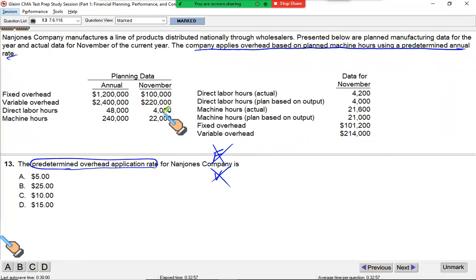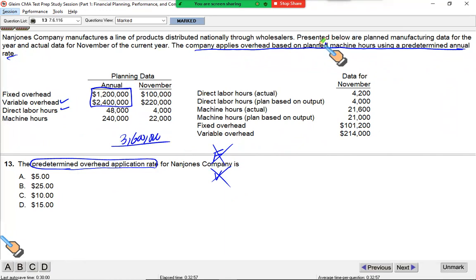So what we do, we estimate what is going to be our annual cost of variable overheads and the fixed overheads. So you can see that the annual cost for the coming period is expected to be 1.2 million plus 2.4, 3.6 million. This is the overall total overhead budgeted, combined fixed and variable both.